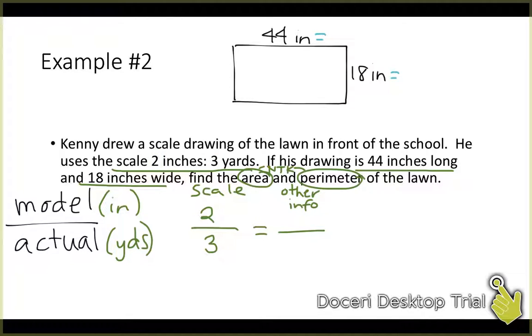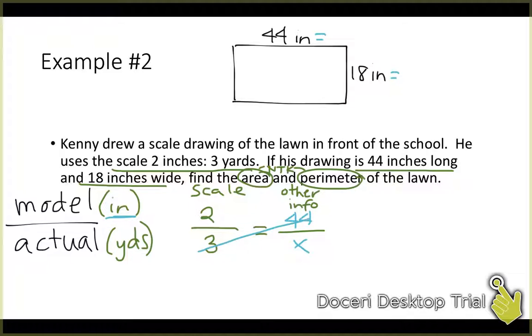I know from my drawing that I have 44 inches and 18 inches, but I'm just going to use one at a time. So I'm going to use 44, and it talks about inches, so I'm going to put that on top because the inches is on top. And now I'm going to take my calculator and solve this by cross multiplying.